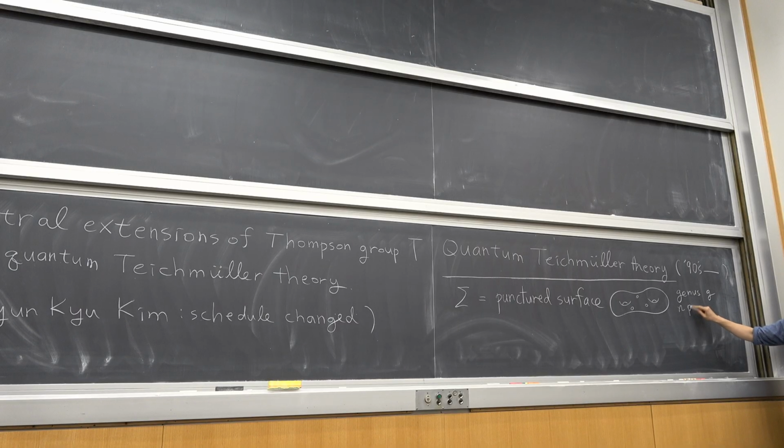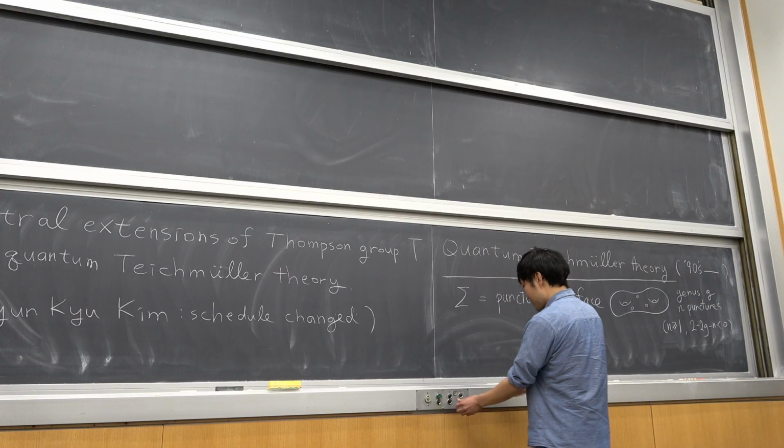So n punctures. And the condition is that there has to be at least one puncture, so I don't know what to do for a closed surface. If anyone can figure out what to do for a closed surface, that's going to be pretty good. And I also assume the Euler characteristic is negative. That's not that much to assume. Anyways, that's the basic setting.